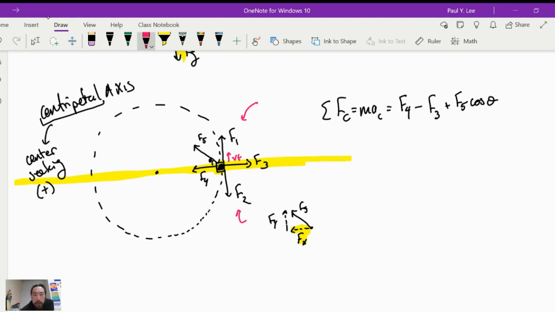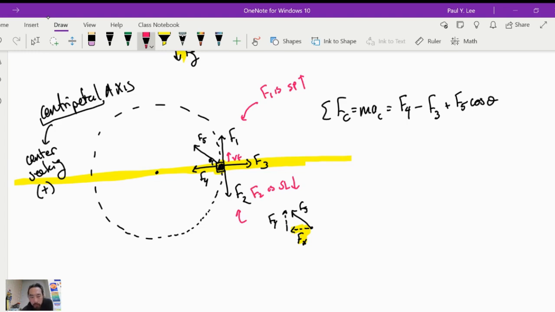So F1 is speeding up the object because it's along the same axis as V. F2 is slowing down the object because F2 is pointing down, but our V is going up. Okay, so F2 is slowing it down, and F5Y is causing it to speed up as well.